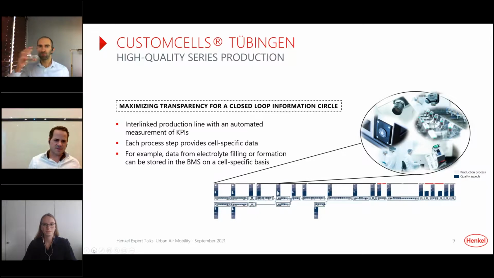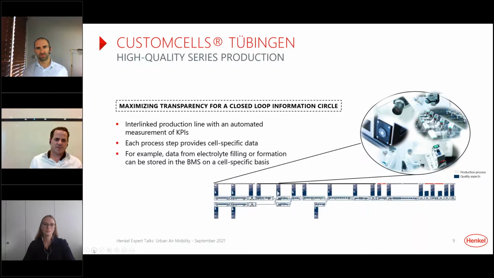That's the closed loop of information, which is also new in the industry. We have a lot of inline sensors. You can see RFID chips or cameras and any kind of different sensors, and we have them in every one of the 14 major production steps you have for the cell.